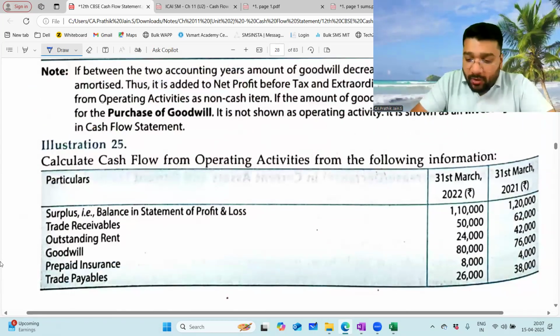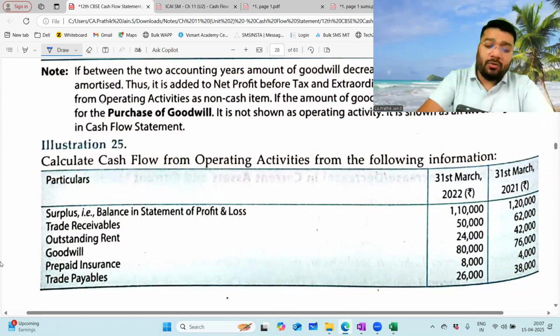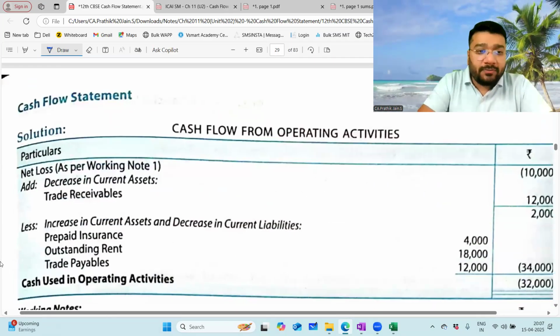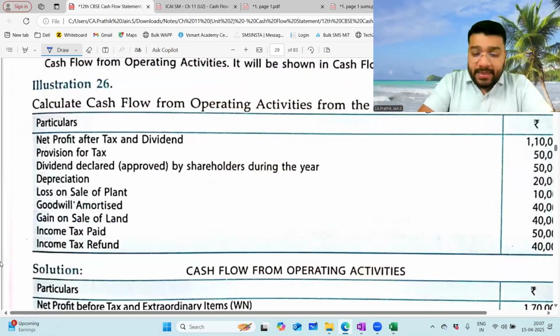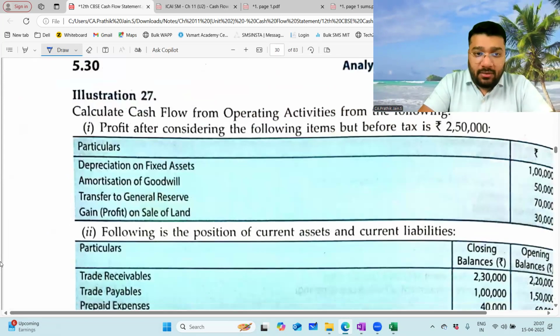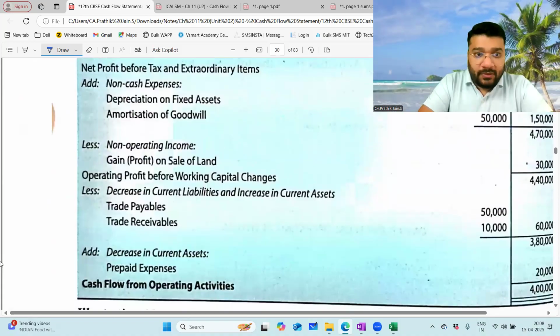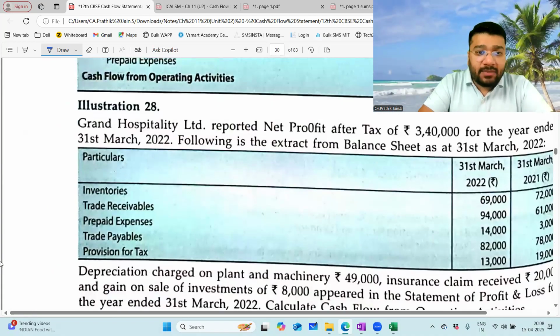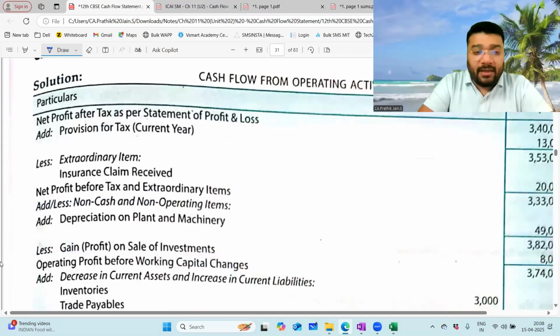Question 25 will be homework. This PDF is already shared in the group. Question 26 I will do in the next class. 27 homework. 28 I will do in the next class because it has provision for tax. 29, 30, 31 you will do.